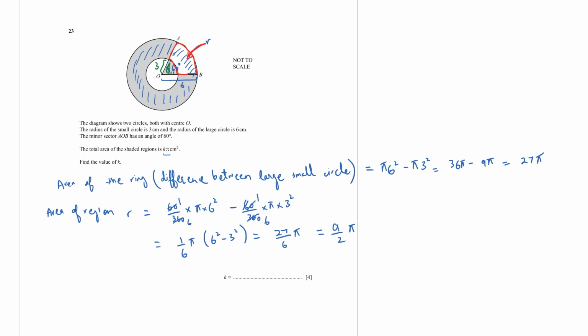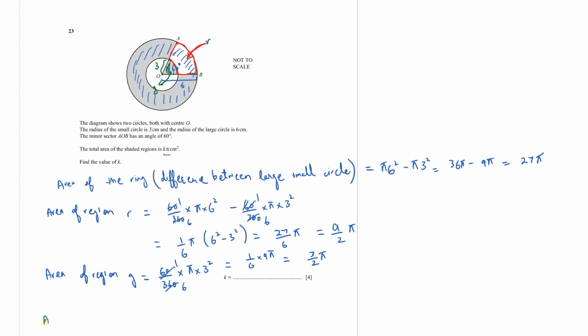Then let's call this green region G. The area of region G would be 60 by 360 multiplied by pi r squared, where r is 3. So pi times 3 squared, again 1 over 6 times 9 pi, which is 3 by 2 pi.